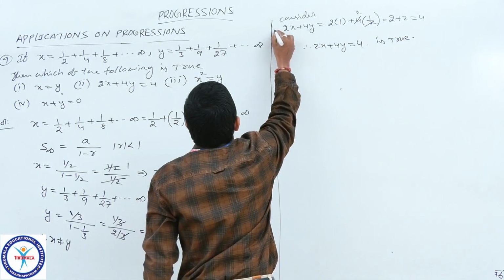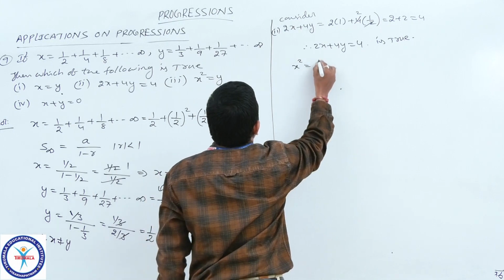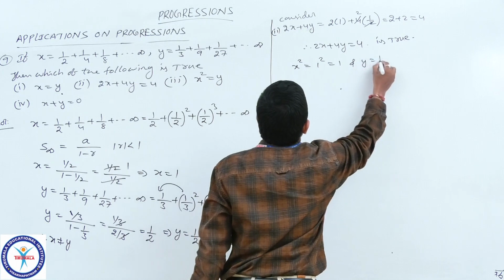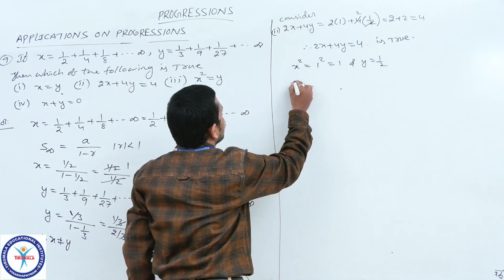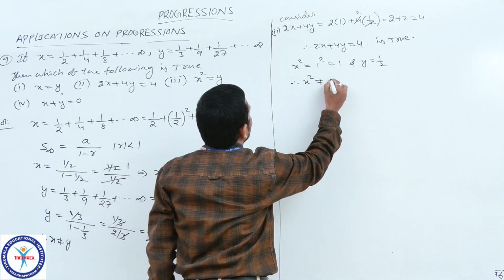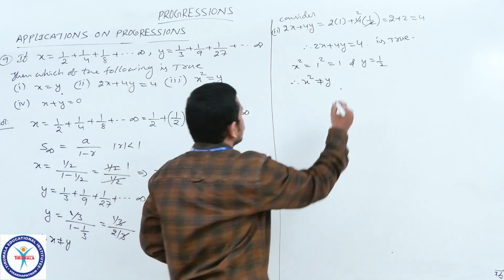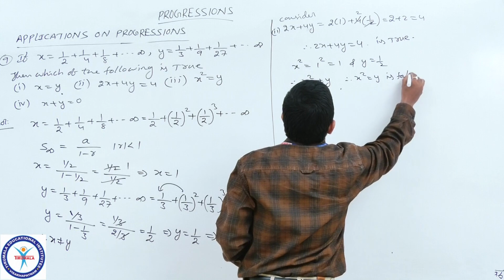Then we check the third one. x square is equal to 1 square is equal to 1 and y is equal to 1 by 2. Is 1 equal to 1 by 2? No. Therefore x square is not equal to y. So therefore the third one is false. So x square is equal to y is false.